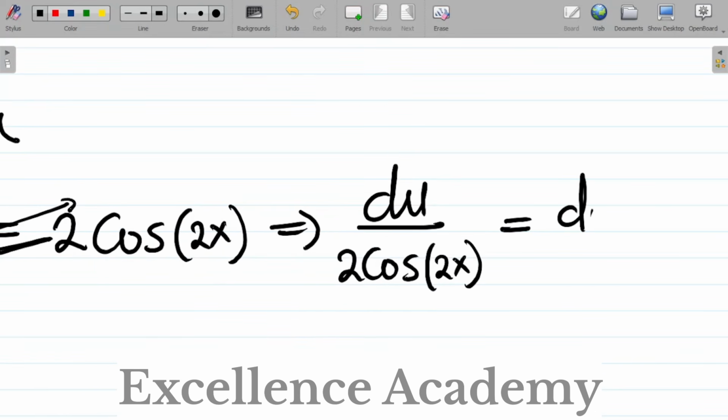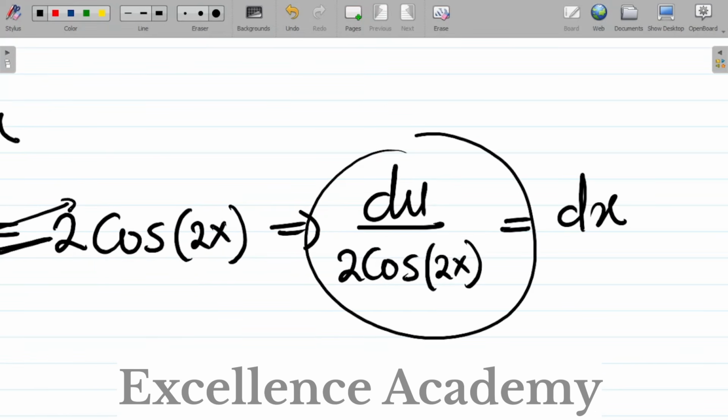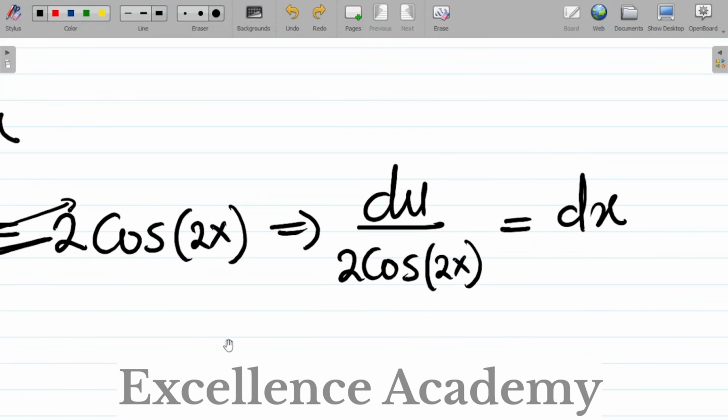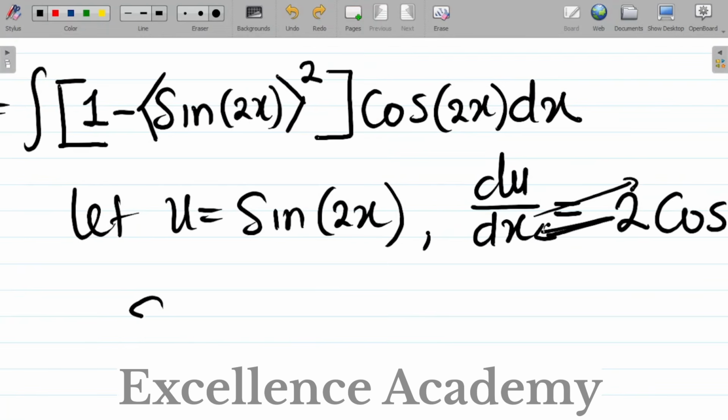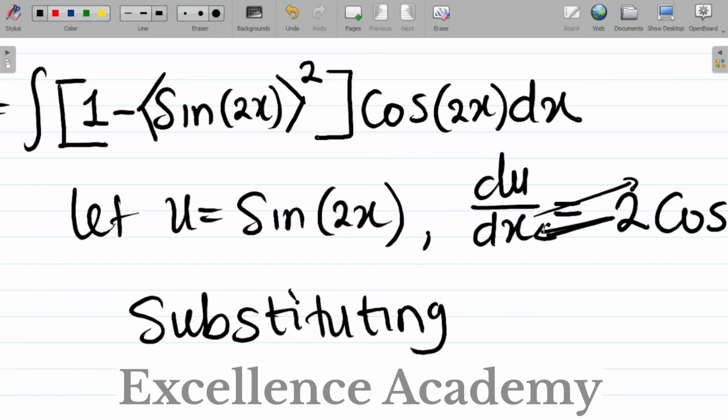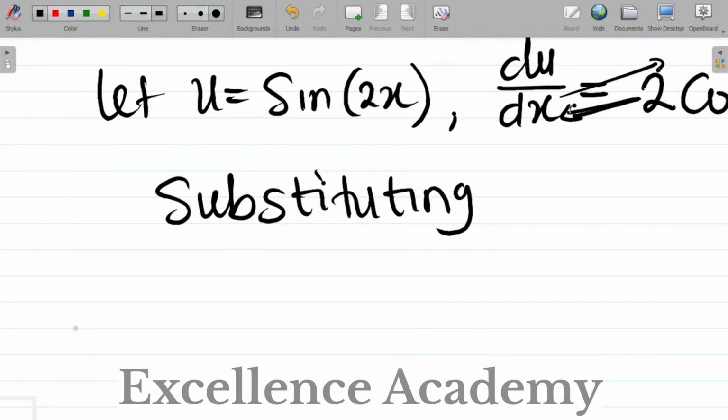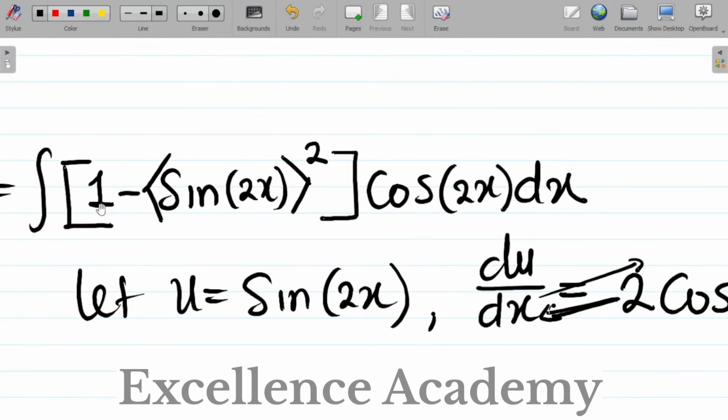So the value of dx is actually du all over 2 cos 2x. Let's substitute values. So substituting, what do we have? We have this as equal to the integral of 1 minus, now we said sine 2x should be u.